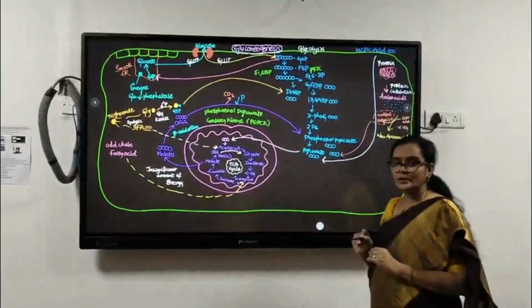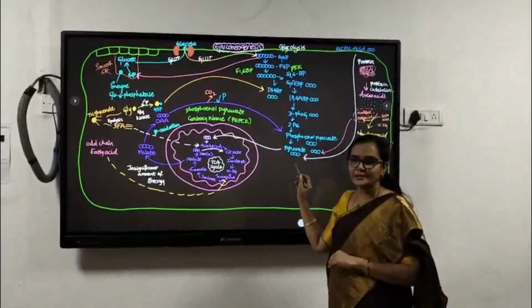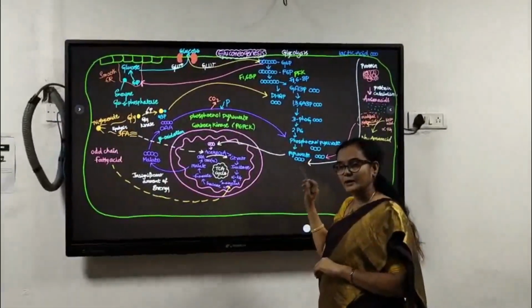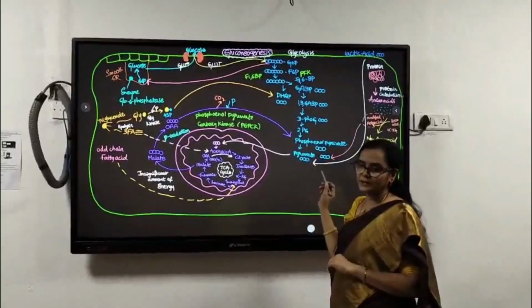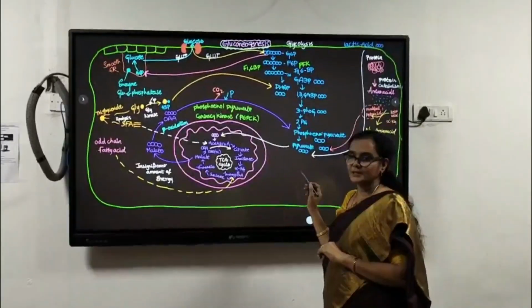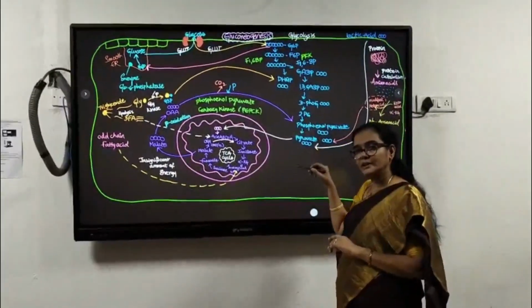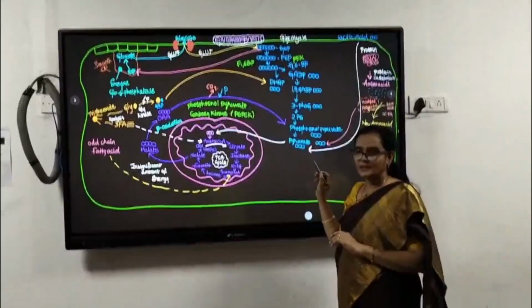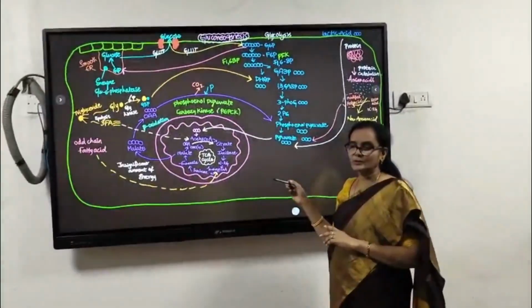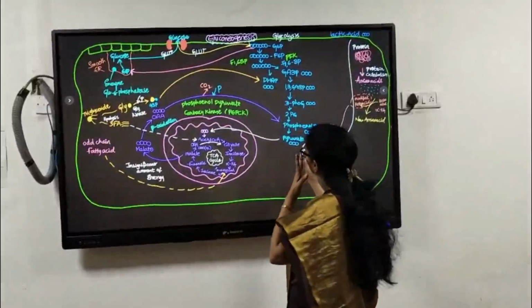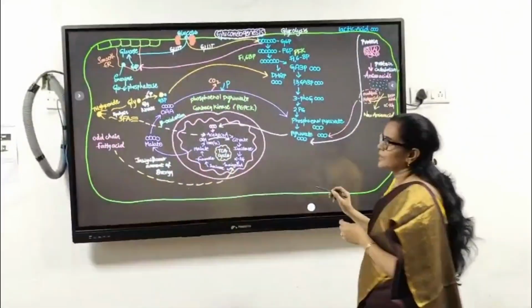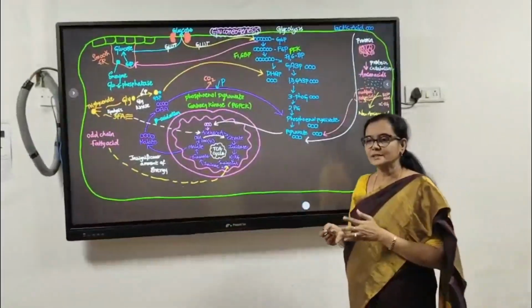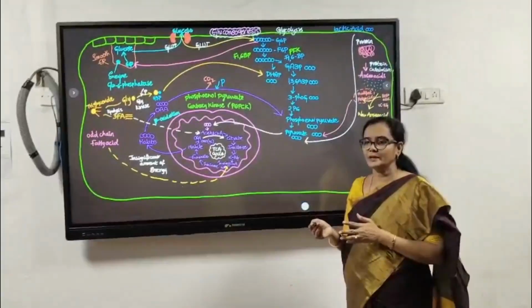In gluconeogenesis, these 3 reactions are bypassed by alternate enzymes and glucose is synthesized, whereas the other 7 reactions of glycolysis are the same in gluconeogenesis also. Now we will see how glucose is synthesized from non-carbohydrate sources.